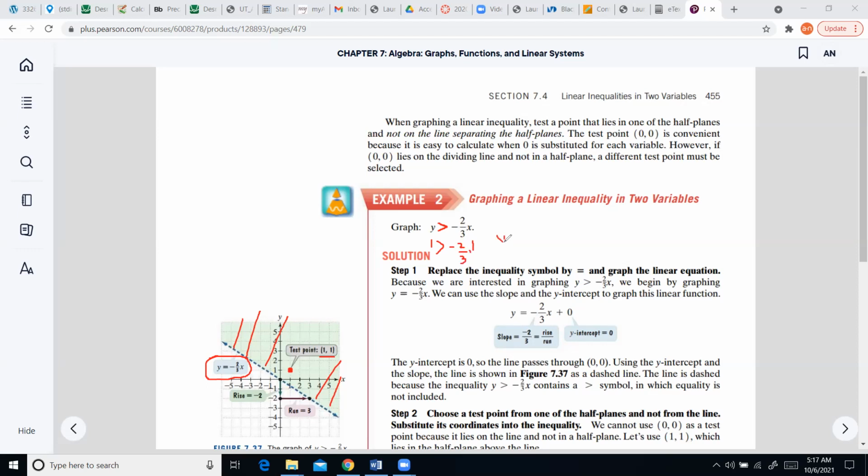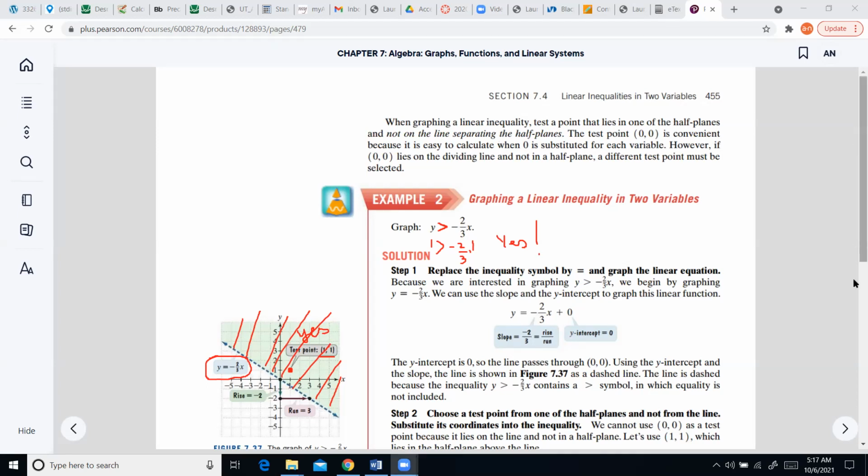And they said, yes, it is true. So if it's a yes, then this point is in our solution region. So if you said yes, you highlight the region that has that point. If you said no, you would highlight the opposite region on the other side, below this line. So that's the idea of solving these inequalities.